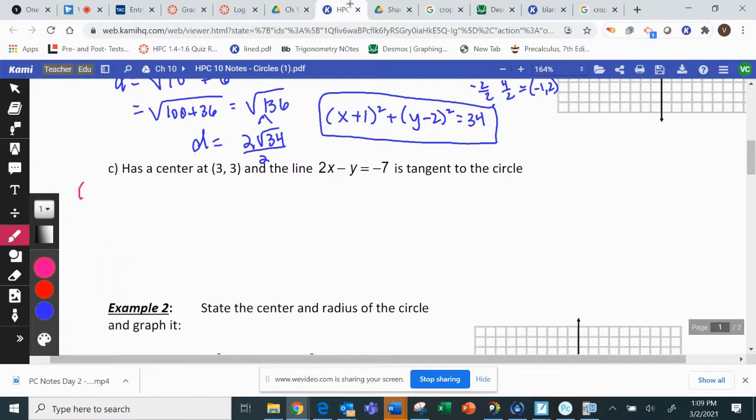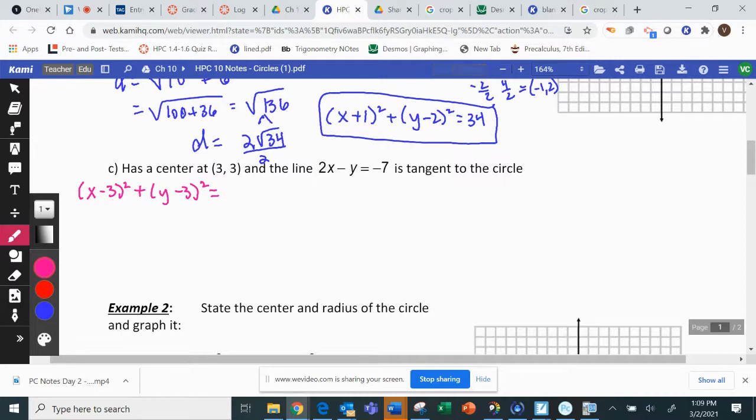Center at (3, 3), I know is going to be (x - 3)² + (y - 3)² = and I don't know the radius. So here's the problem solving. What's something that we could do if we have no idea how to get started?